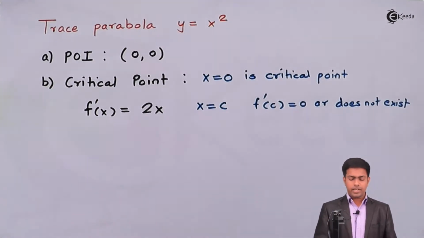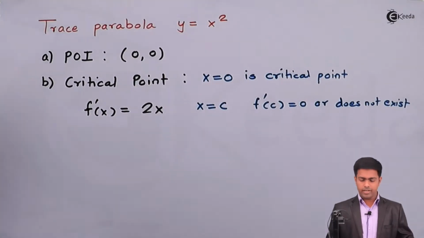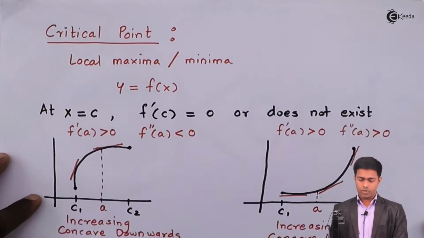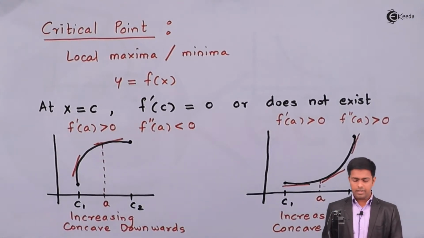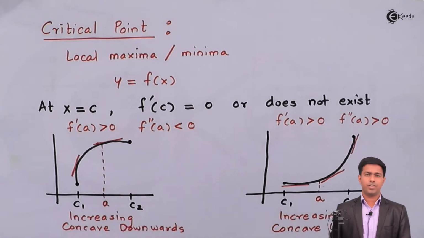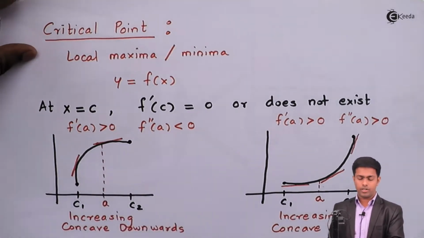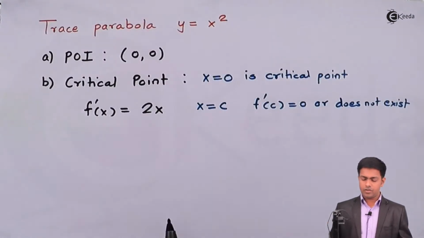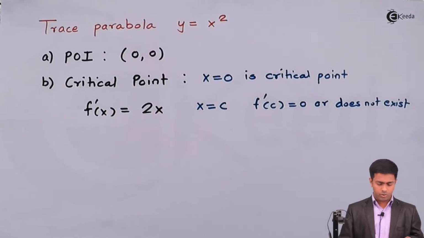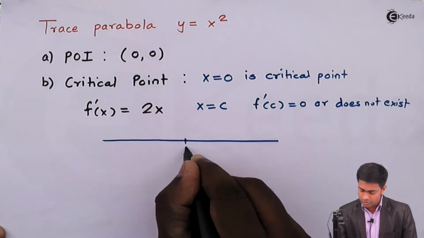Now guys, based on the critical point, how should we draw the curve? Let's revise the concept that we have done. Between any 2 critical points, we understand the nature of the curve, so to understand the nature of the curve we require 2 points. But in our case, we just got 1 critical point, the first critical point, which is 0.